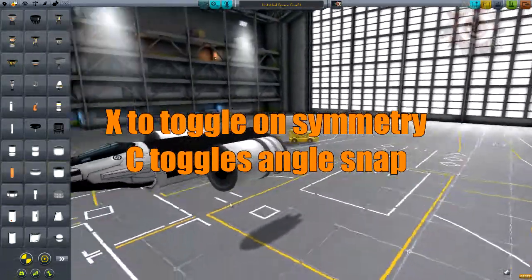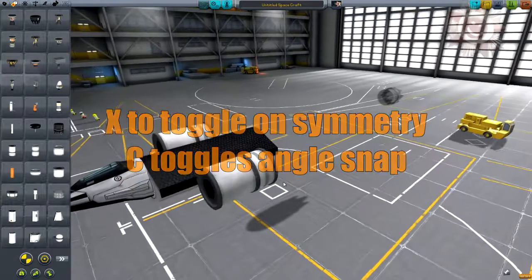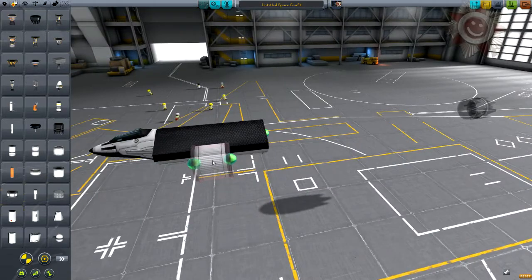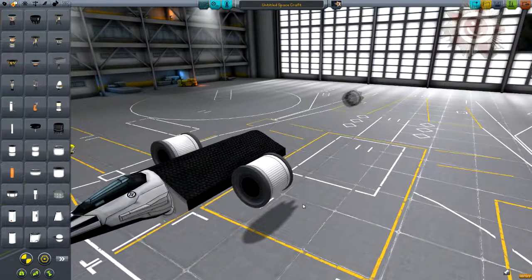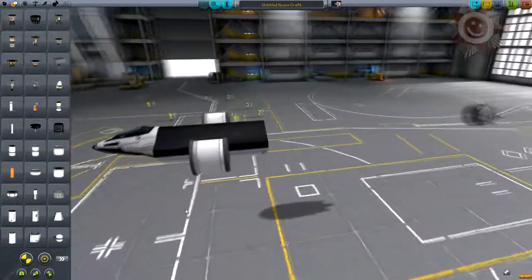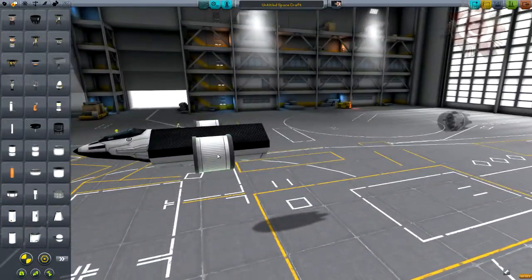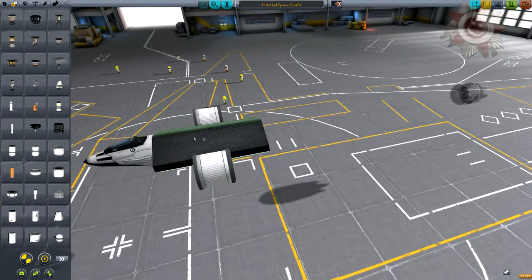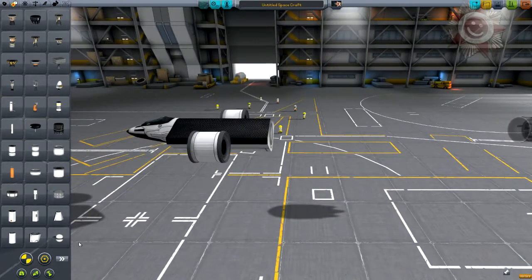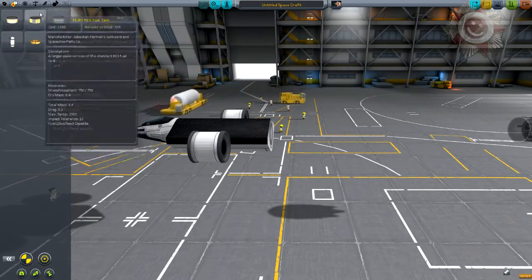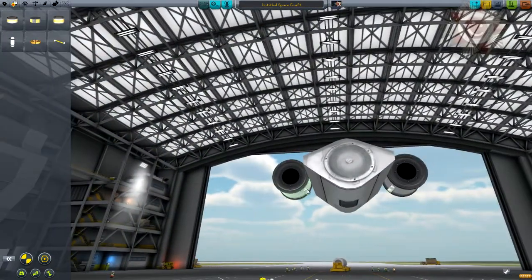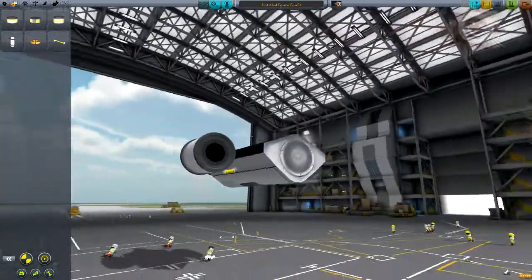I think that, well, that's too much. We don't need that much. Let's put on these smaller tanks, like so. I try to place these tanks in the middle of this fuselage so that when the fuel drains from the tank, it won't shift the center of mass too badly.